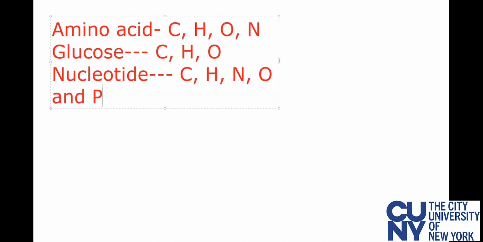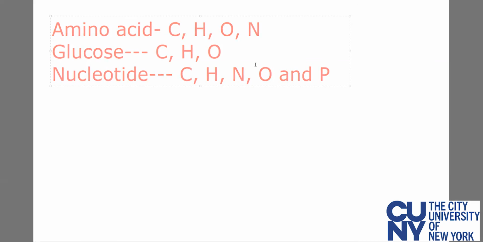Where does phosphorus come in nucleic acid? In nucleic acid, the phosphorus comes from the phosphate group that gives a negative charge to the molecule. So these are the atoms that are present in amino acids, glucose, and a nucleotide.